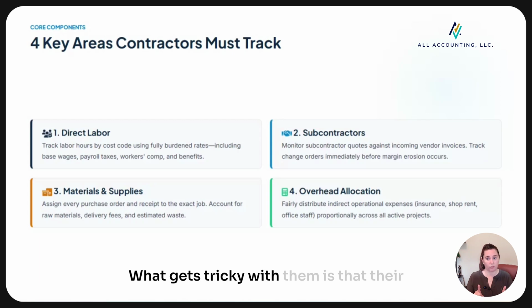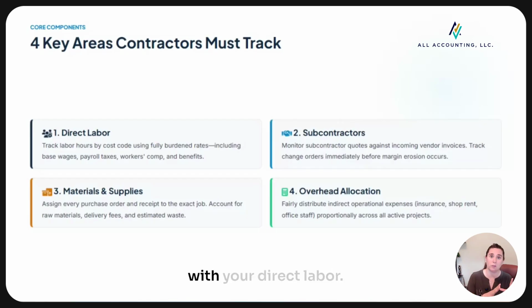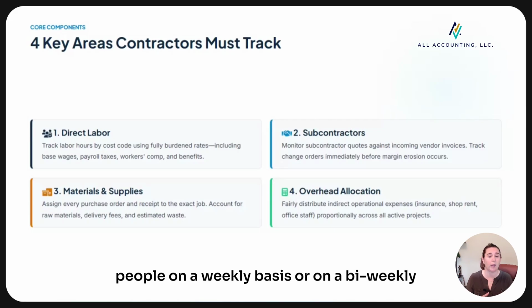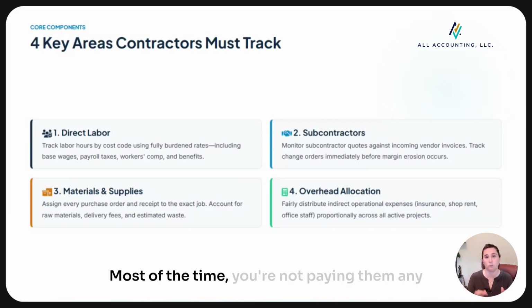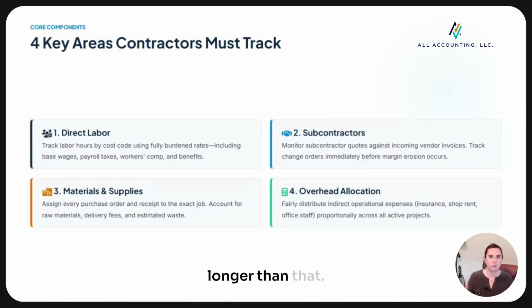What gets tricky with them is that their timing may not be as quick and accurate as with your direct labor. With your direct labor, you're paying those people on a weekly basis or on a bi-weekly basis. Most of the time, you're not paying them any longer than that. So you have more real-time data.